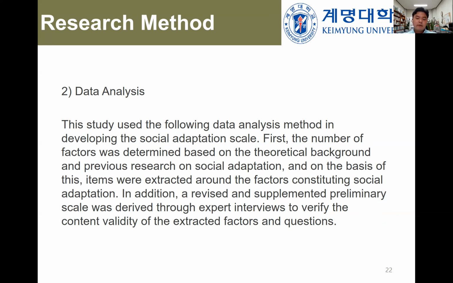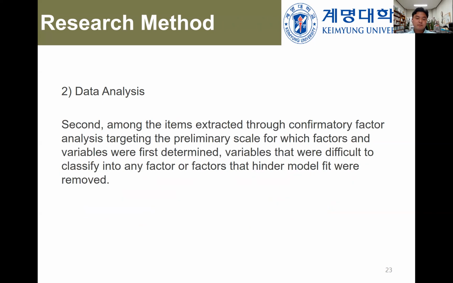In addition, a revised and supplemented primary scale was derived through expert interviews to verify the content validity of the extracted factors and questions. Second, confirmatory factor analysis was conducted targeting the primary scale for which factors and variables were first determined.